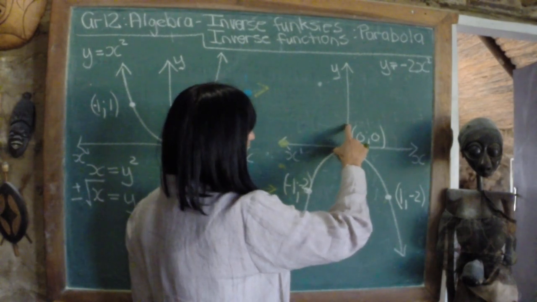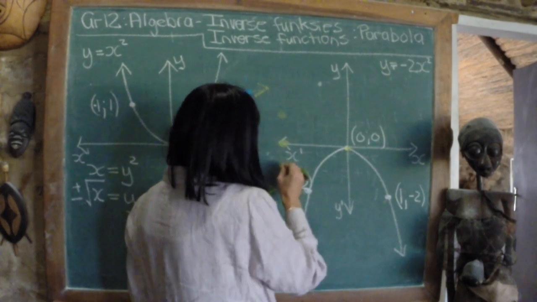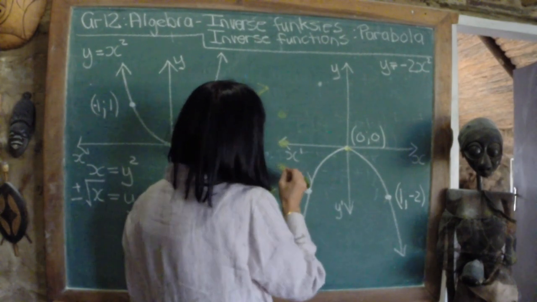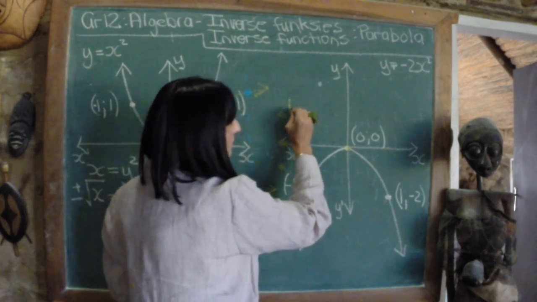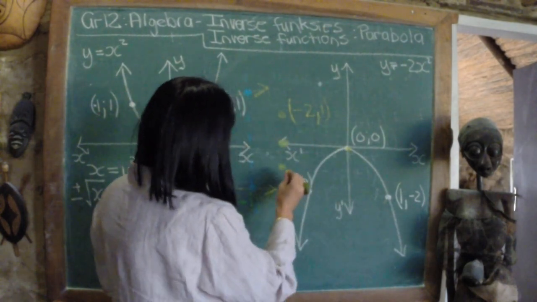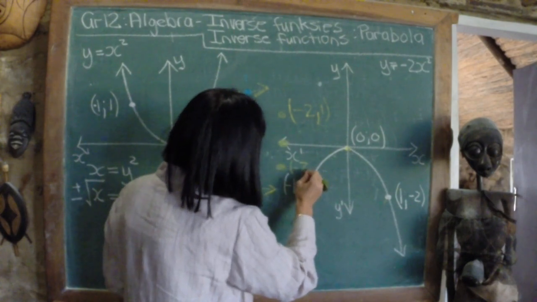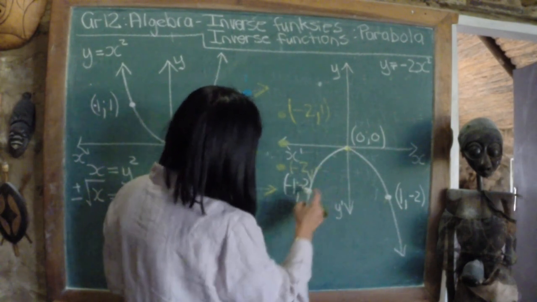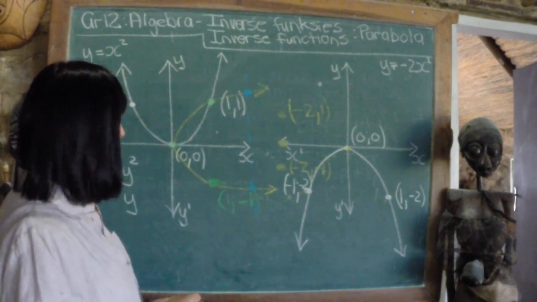Minus 2 and plus 1, approximately there. As ons dit mooi skat, so dan het ons, goed, minus 2, 1, en aan hierdie kant het ons, minus 2, minus 1.